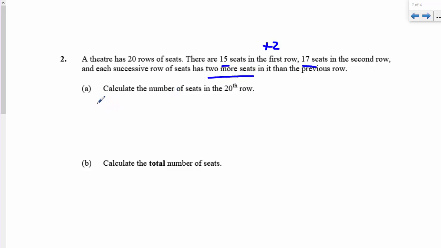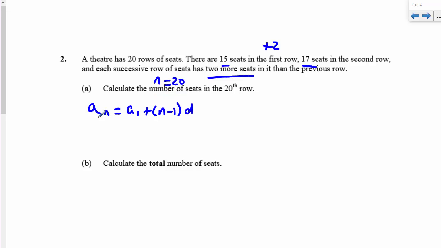So I'm going to use a formula for arithmetic sequence to find a term I want, which is going to be an equals a1 plus n minus 1 times the common difference. Okay, calculate the number of seats in the 20th row. What they're actually telling me is that n is 20.